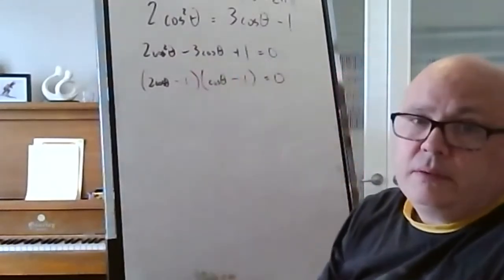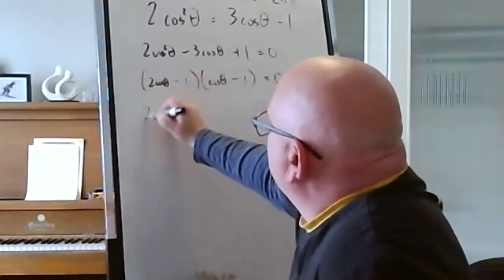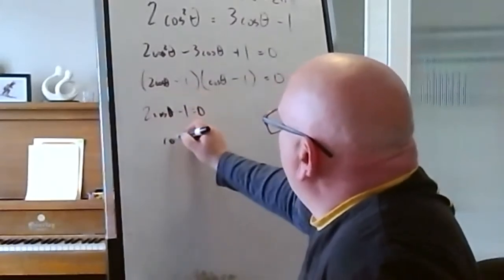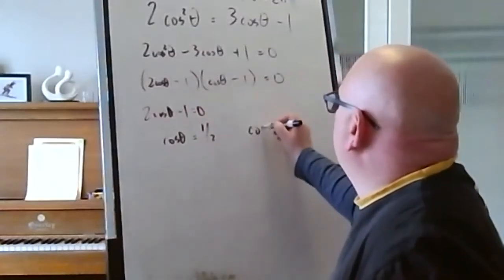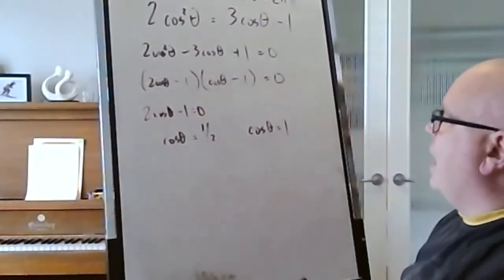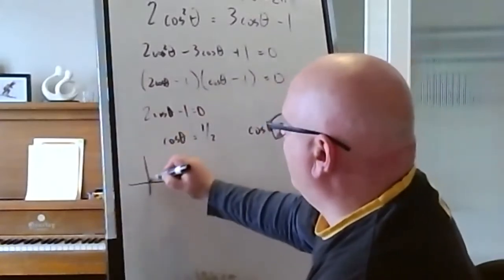That's going to be it. From here, we get 2 cos theta minus 1 equals 0. Cos theta is equal to positive 1/2. From this one, we get cosine theta is equal to positive 1. And so where are our points on here? Where's cosine equal to positive half?